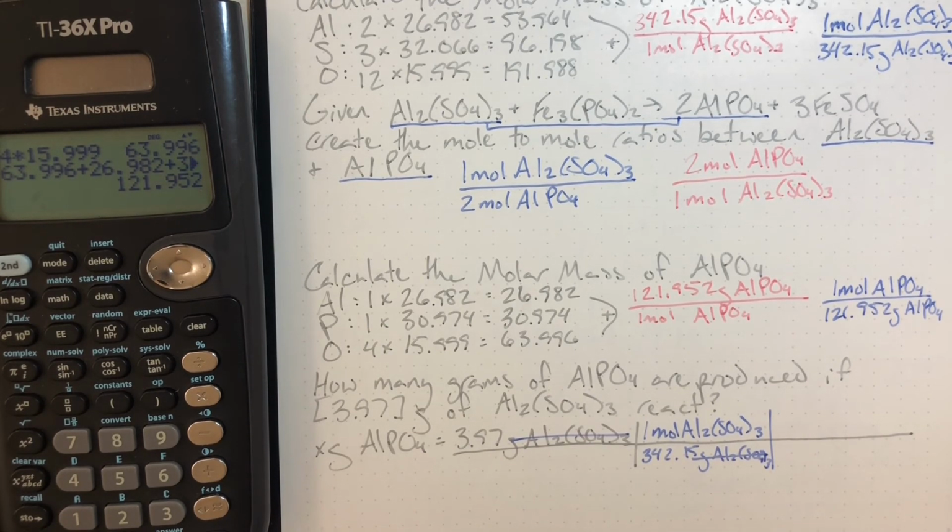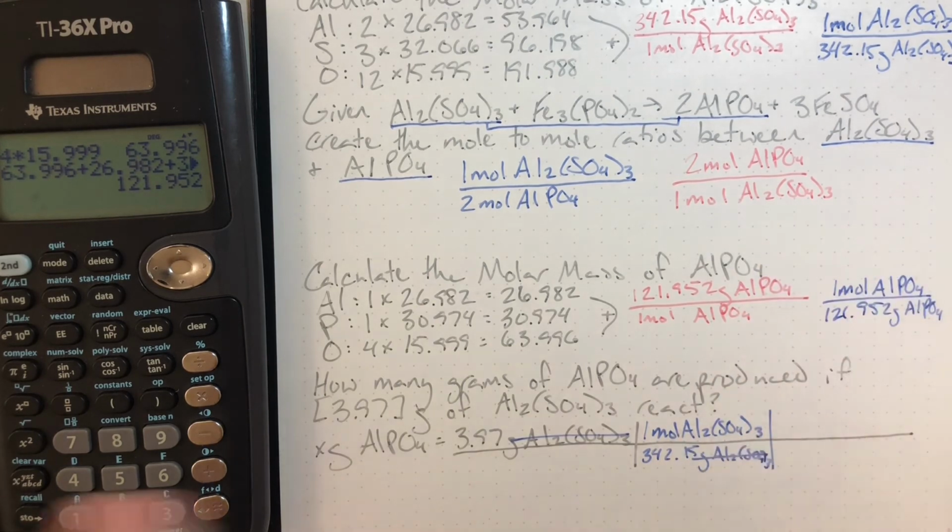Now I can cancel out moles of aluminum sulfate. It would be inappropriate to choose a molar mass calculation again, as I have already used that conversion and that would get me back to my starting place. So I am going to have to use the mole to mole ratio between aluminum sulfate and aluminum phosphate. Currently I have moles of aluminum sulfate in the numerator, so I will need to choose the version of the mole to mole ratio that has moles of aluminum sulfate in the denominator.